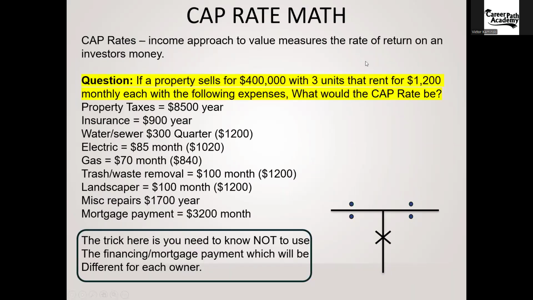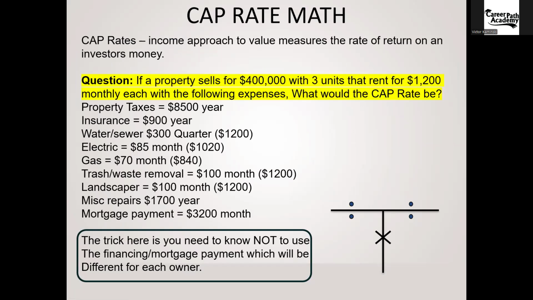Cap rates, the income approach to value, measures the rate of return of an investor's money. So the question is, if a property sells for $400,000 with 3 units that rent for $1,200 a month each, with the following expenses, what would the cap rate be? Anytime you get a question like this, I highly suggest you first add up all the expenses and turn them into annual expenses.